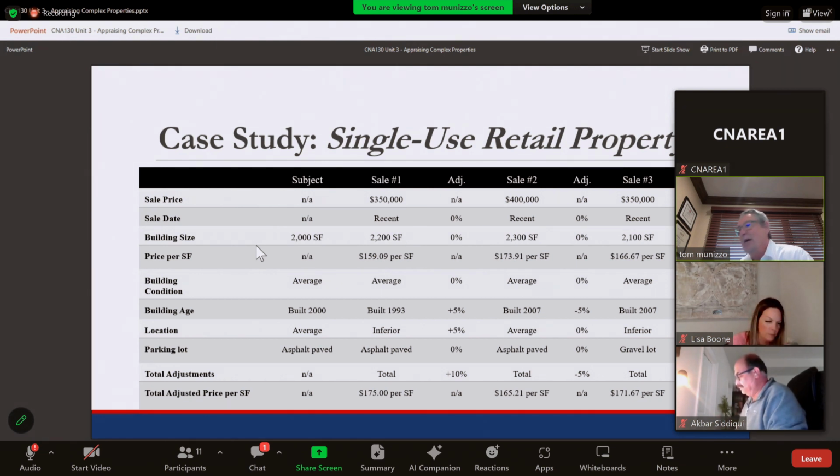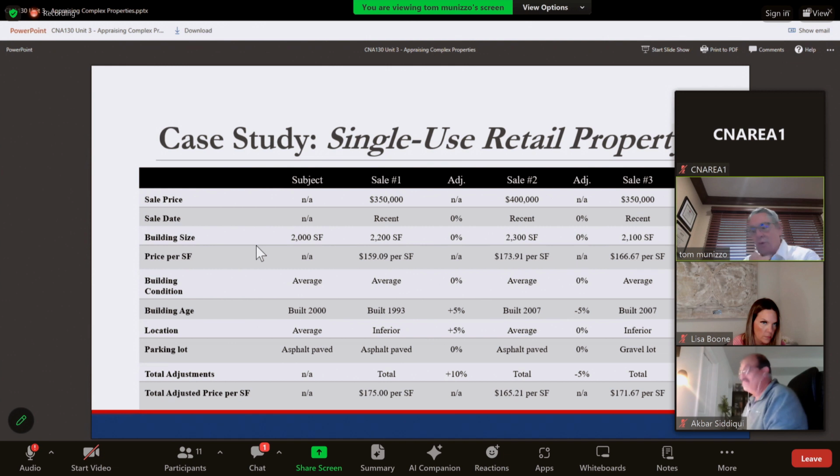Now, I'm not necessarily sure I would agree that a 2,000 square foot building versus a 2,200 or 2,300 square foot one should not be adjusted for. I could see between 2,000 and 2,100, but just going with the case study data provided, apparently there's no adjustment for that. So we start out.